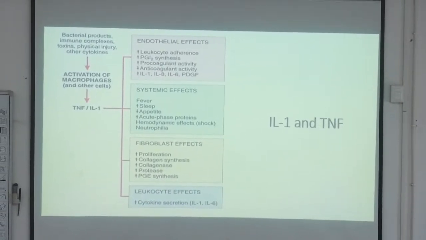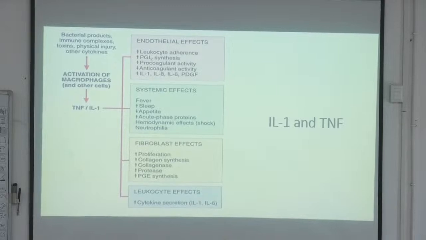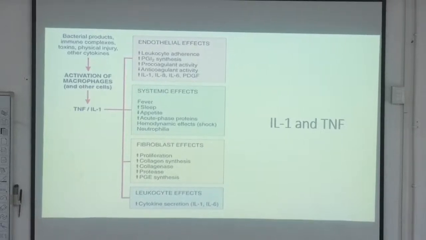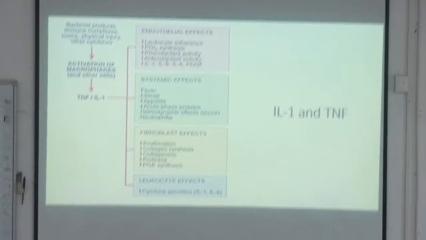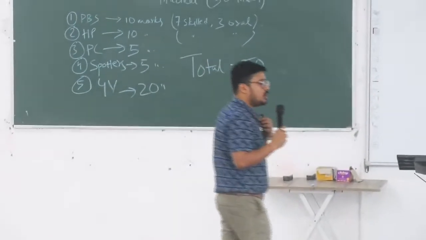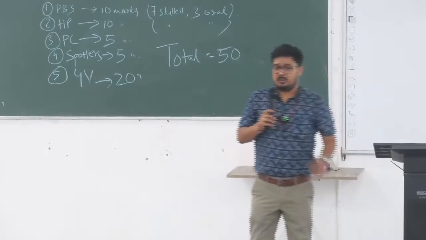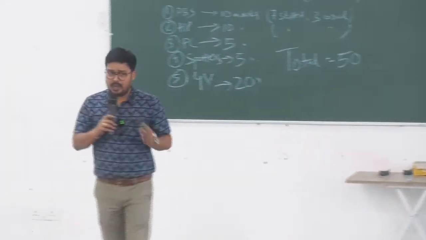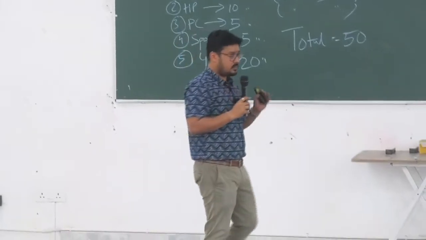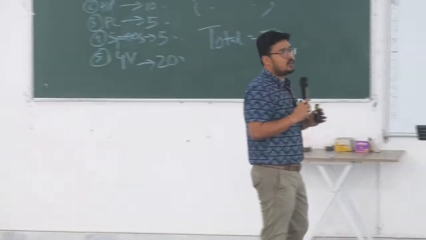What is the importance of increased procoagulant activity and decreased anticoagulant activity? Among the hallmarks of acute inflammation, vascular stasis and slowing of blood flow are very important for the initial phases of inflammation.